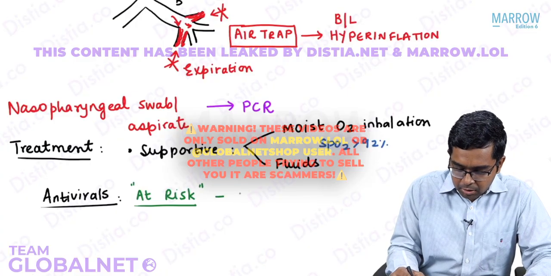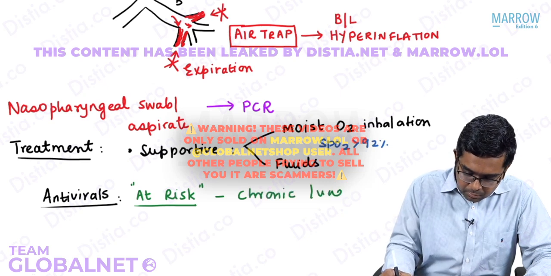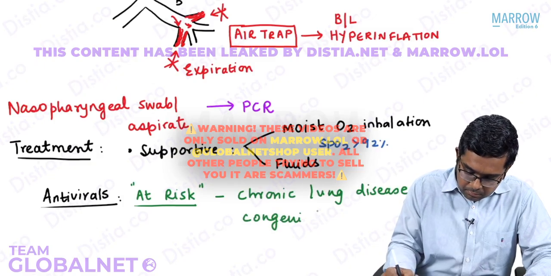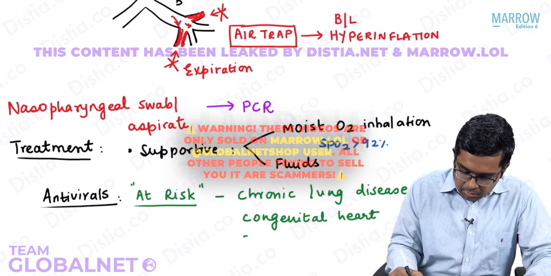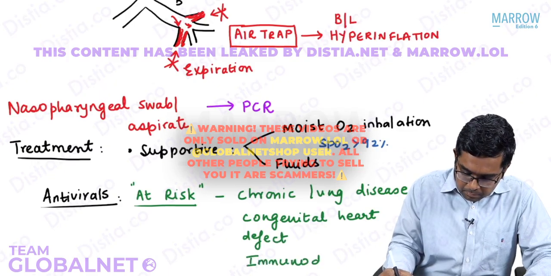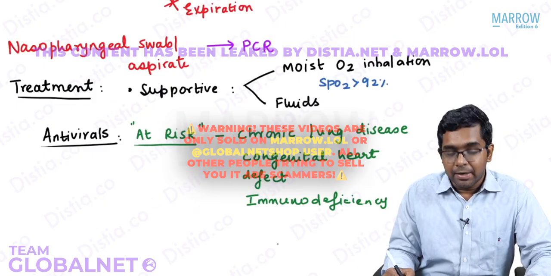It is children having chronic lung disease, children with congenital heart defects, and children with immunodeficiency. In these group of babies, it is recommended to give antiviral.